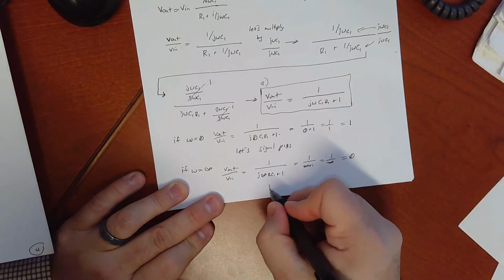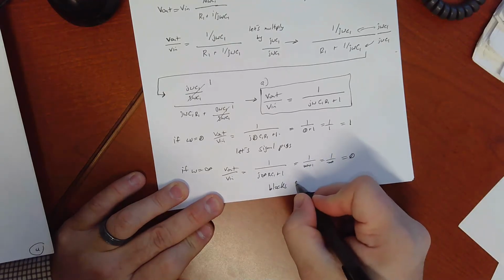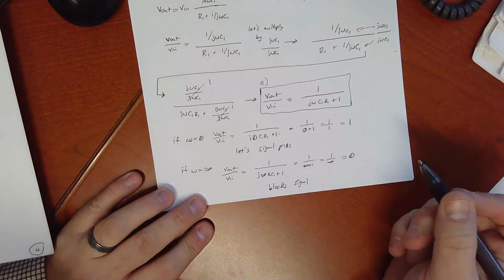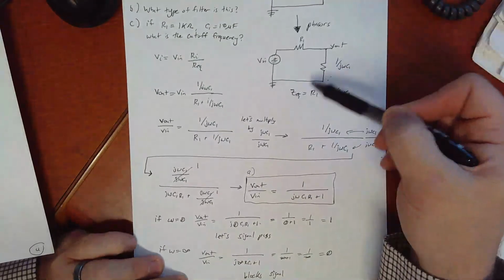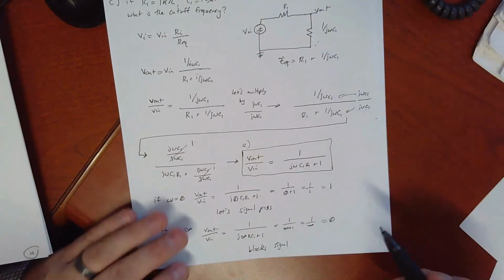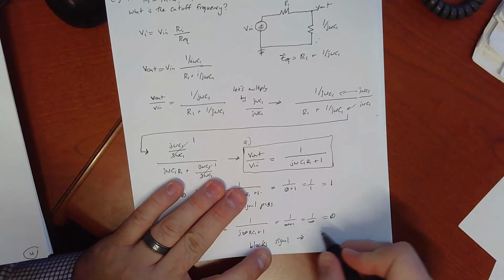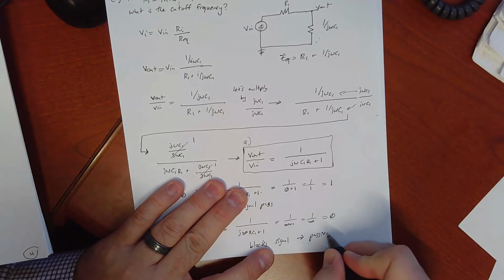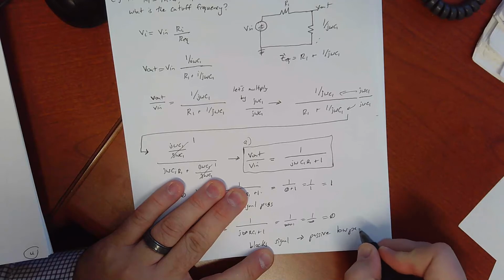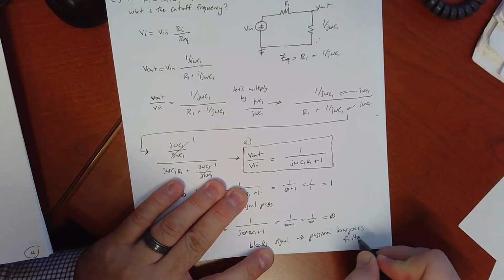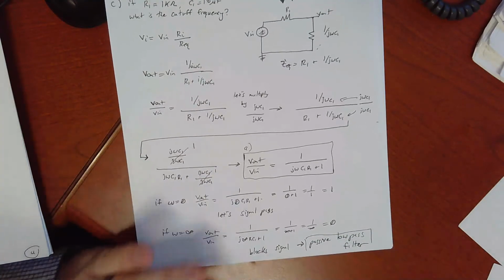So it blocks signal. And there's no energy sources here, so it's just a filter. In that case, we can call this a passive low pass filter. So that's part B.